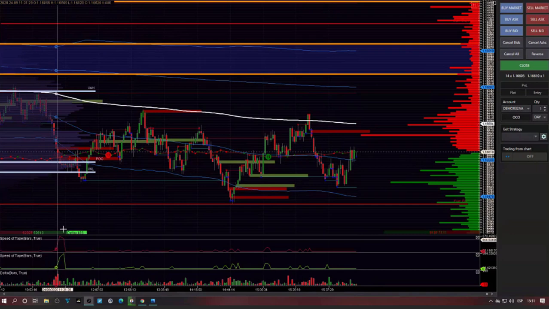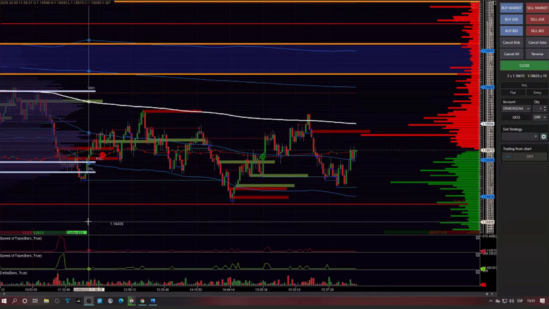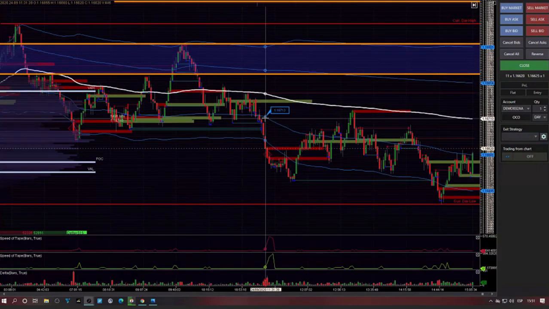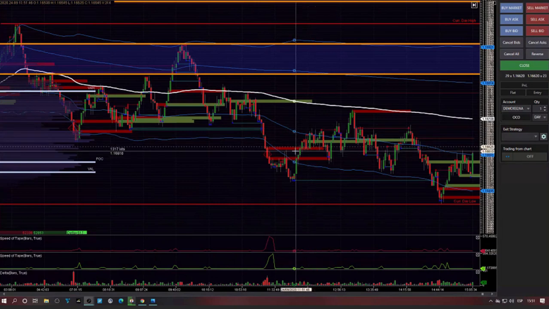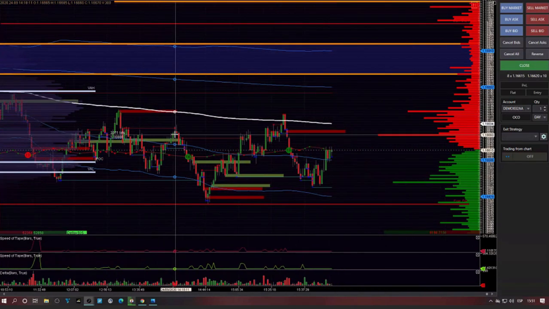In this case, we can see from the morning the buyers were in control. Now the sellers, from this area here, we can see the tape. The sellers were very aggressive, more like in control at the moment.